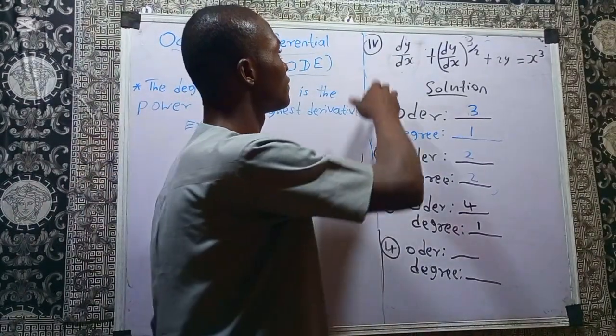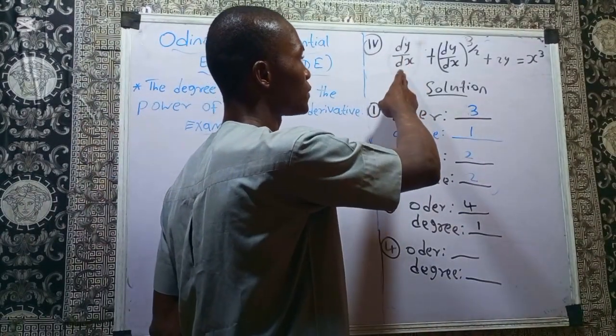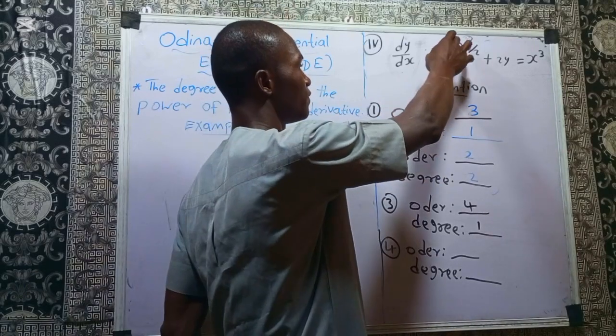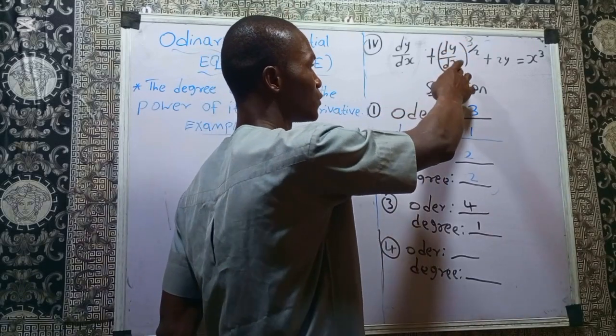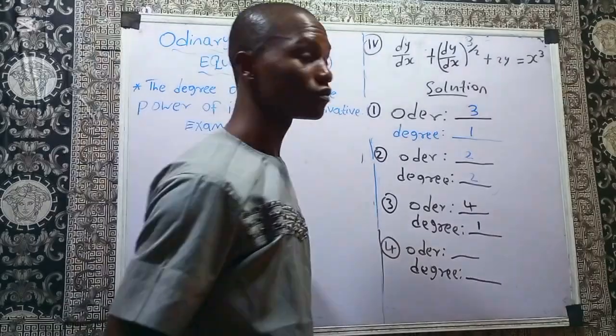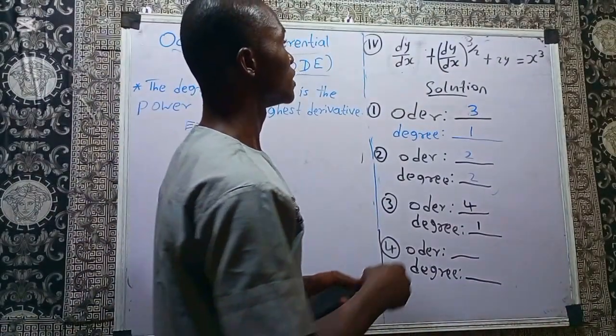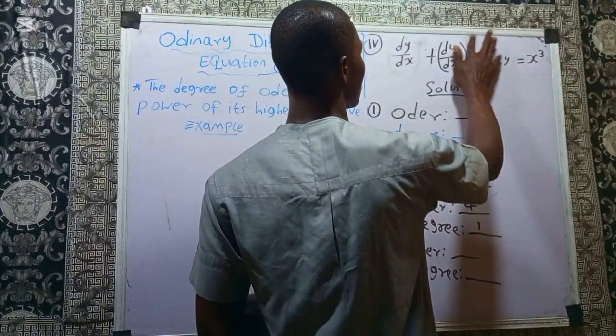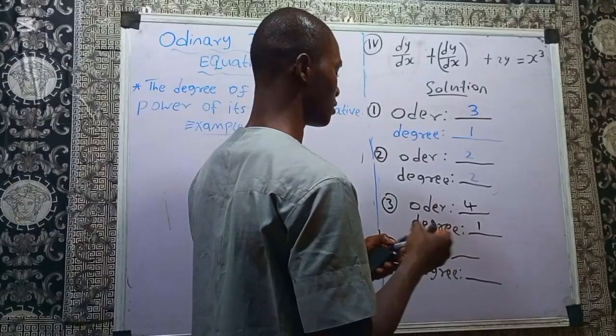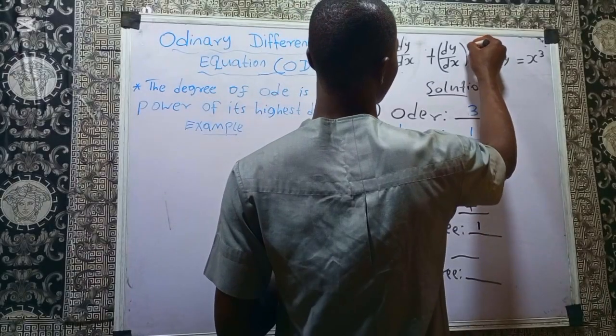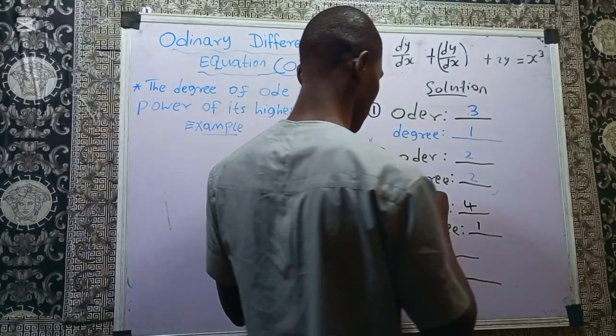Now what is given to us is the first derivative of y with respect to x plus the first derivative of y with respect to x all raised to power 3 over 2. Oh, this is supposed to be raised to power negative 2. Sorry.